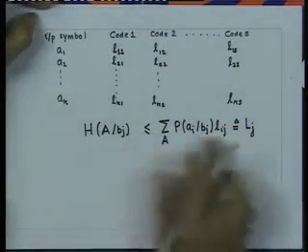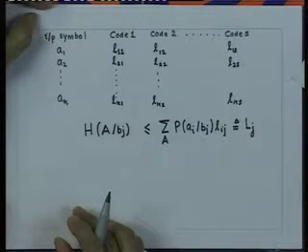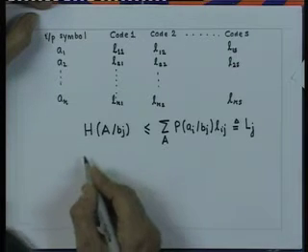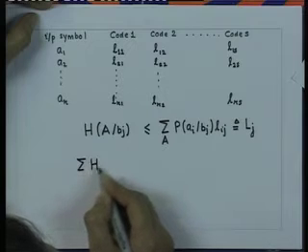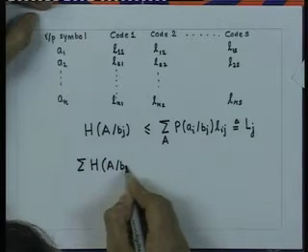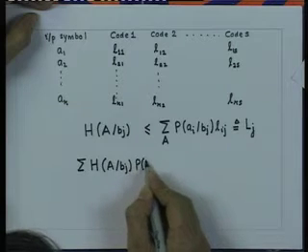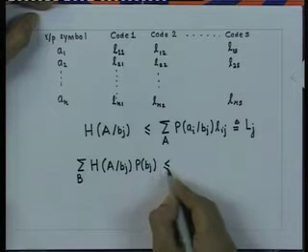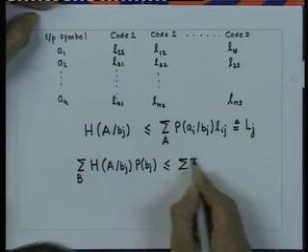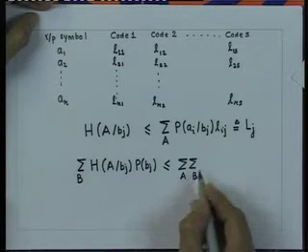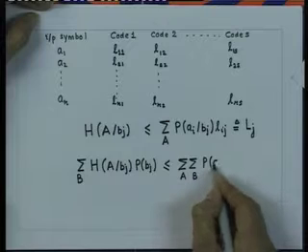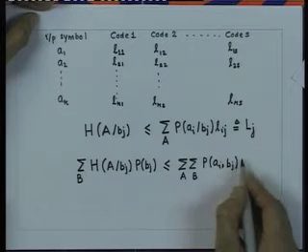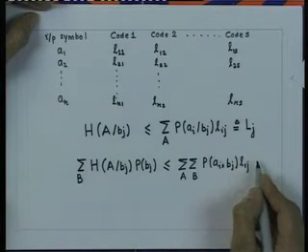So, if we multiply both the sides by probability of bj and sum it over the output alphabet B, we will get the following relationship: the sum over B of H(A|bj) multiplied by P(bj) is less than or equal to the sum over A and B of the joint probability P(ai, bj) multiplied by Lij.